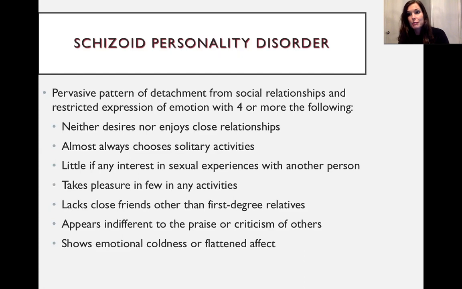Maybe his mother brings him into treatment because she's concerned about his social relationships, but he's totally fine with being pretty isolated. Now, we want to also rule out the possibility of autism spectrum disorder because, as we know, there are some similarities between the two.